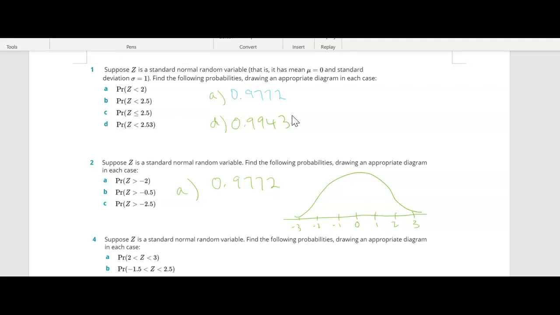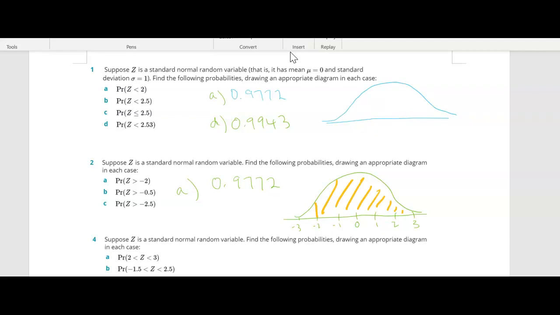We're at -2, so this whole area is 0.9772. Now, when we go back to question A, you can see you've got the same area.